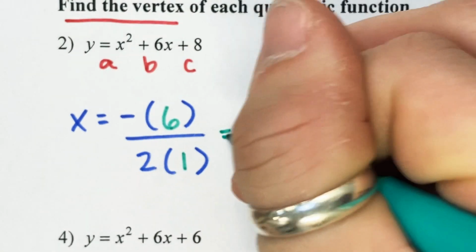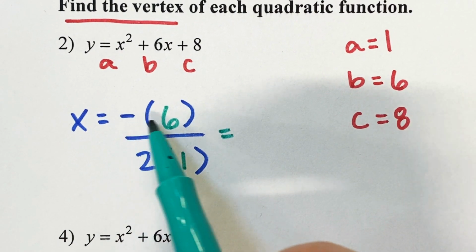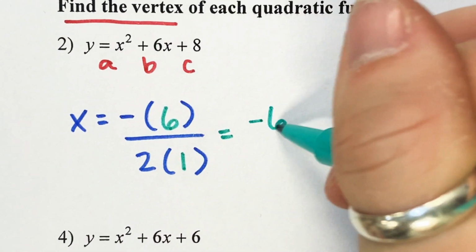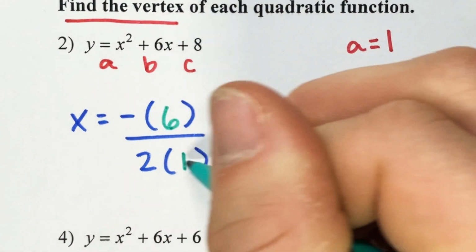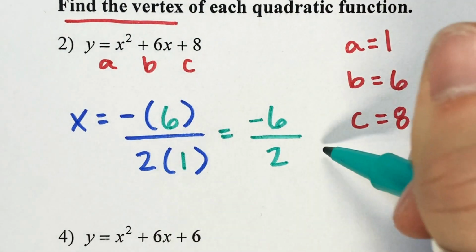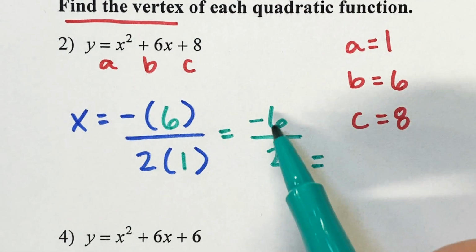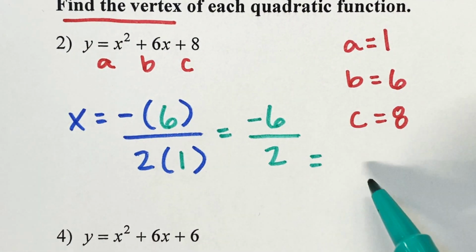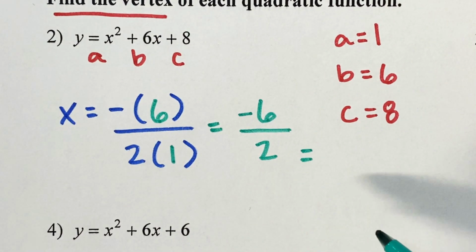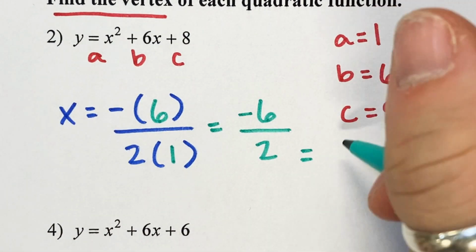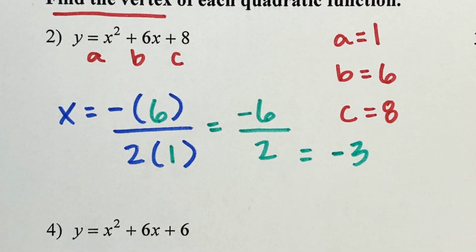Beautiful. So negative 6 on top, over 2 times 1, which is just 2. Very last step, what is negative 6 divided by 2? That's going to give us our final answer. We have negative 3.